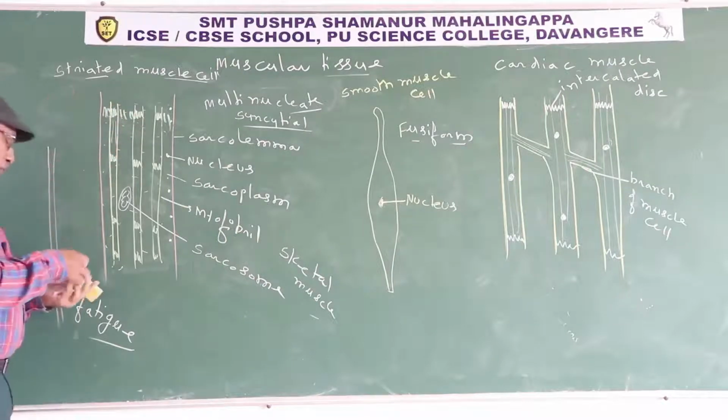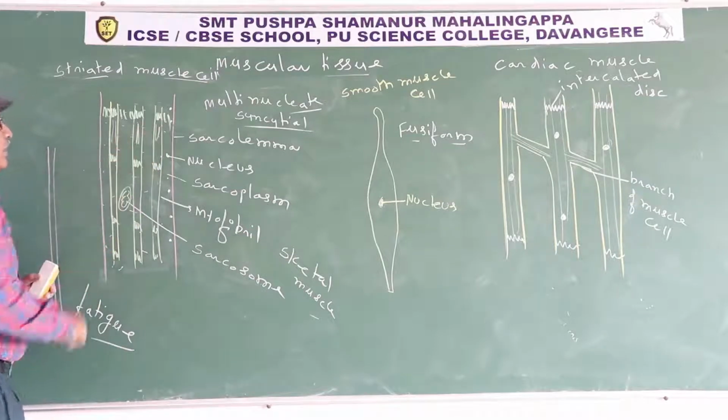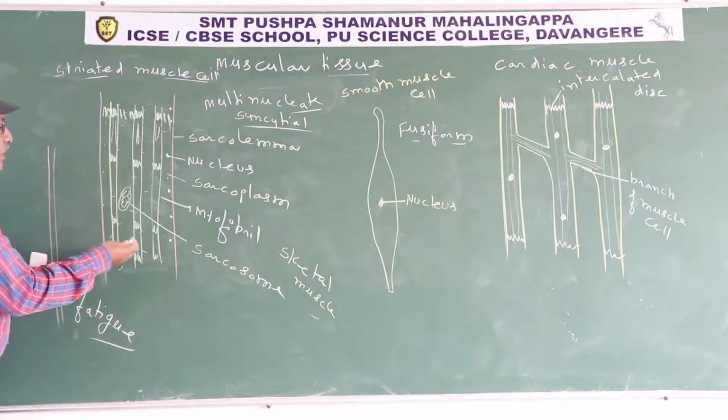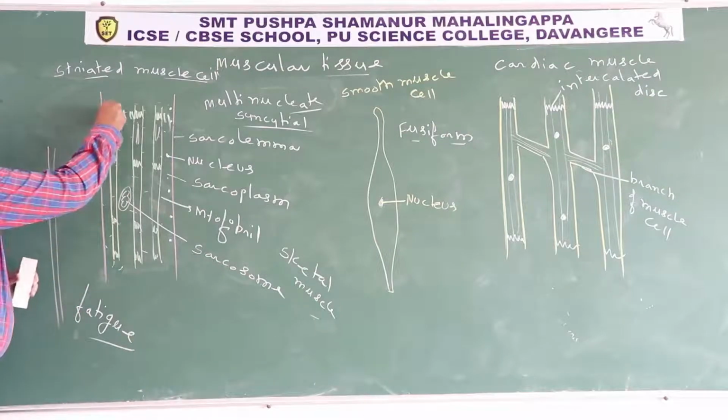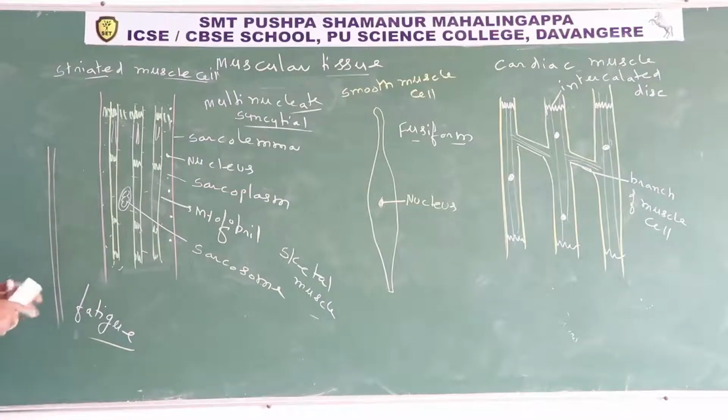So the number of lines depends upon the number of A bands. It is A band, A band, A band, A band. So in this diagram 4 lines appear. The striated muscle cell given in this diagram has 4 lines. So the number of striations depends upon the number of A bands.